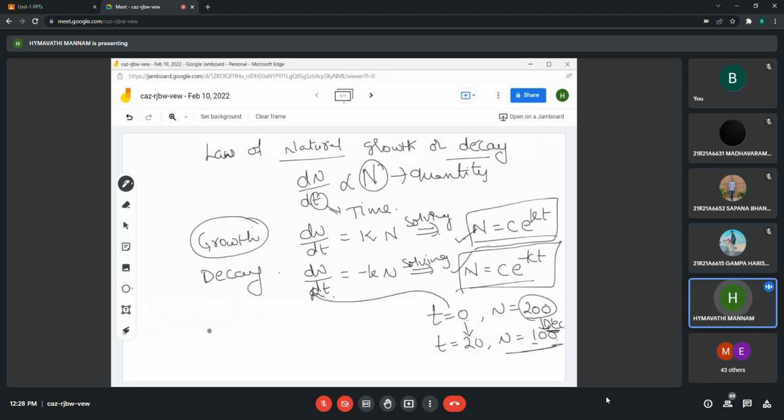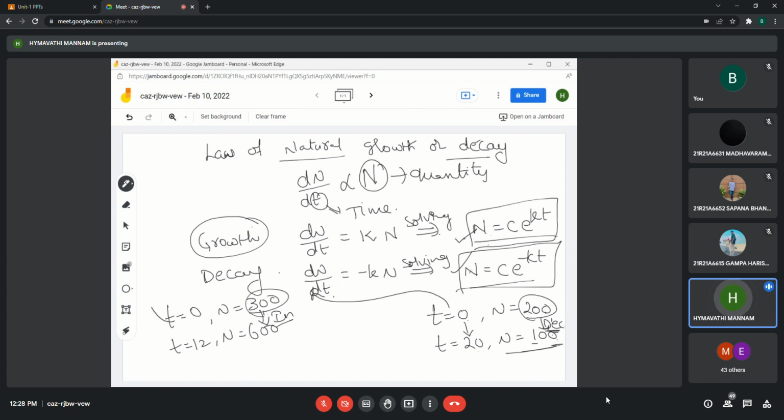If it is increasing, so t is equal to 0, n is equal to some 300. Within 12 minutes, n is equal to 600. Observe the values of n: from 300 to 600, it is increasing. So these are the increasing cases.